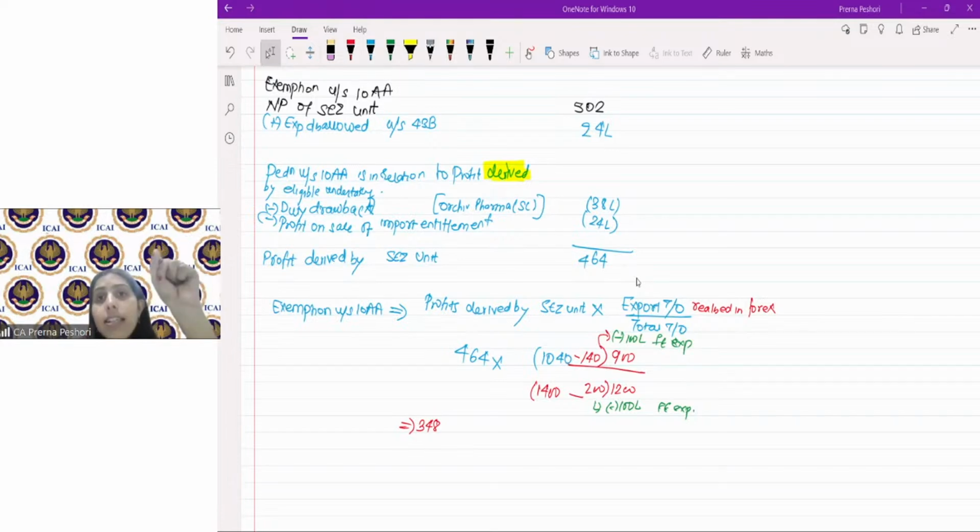Through the Finance Act 2022, it has now been provided in this explanation. Earlier this explanation only provided that interest, if converted into a loan or borrowing, will not be considered as actually paid. And when the loan is repaid, only then the interest will be considered as actually paid.